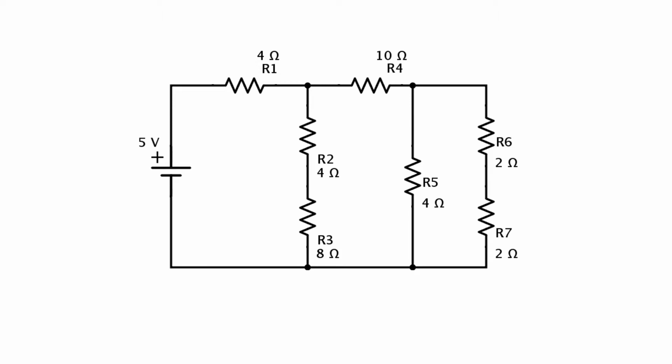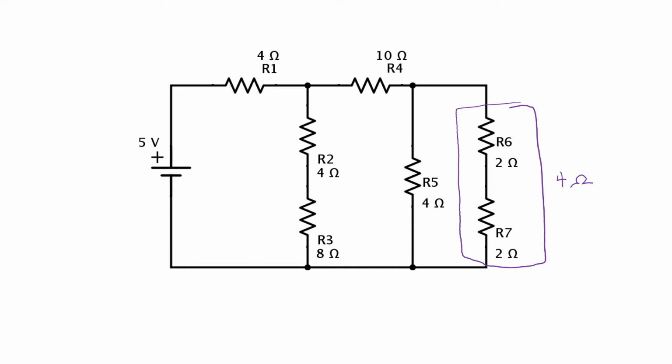Okay, so looking at this set of resistors over here on the far right, I've got two resistors that are in series with one another, so I'm just going to add those together, and the equivalent resistance is 4 ohms, 2 plus 2.